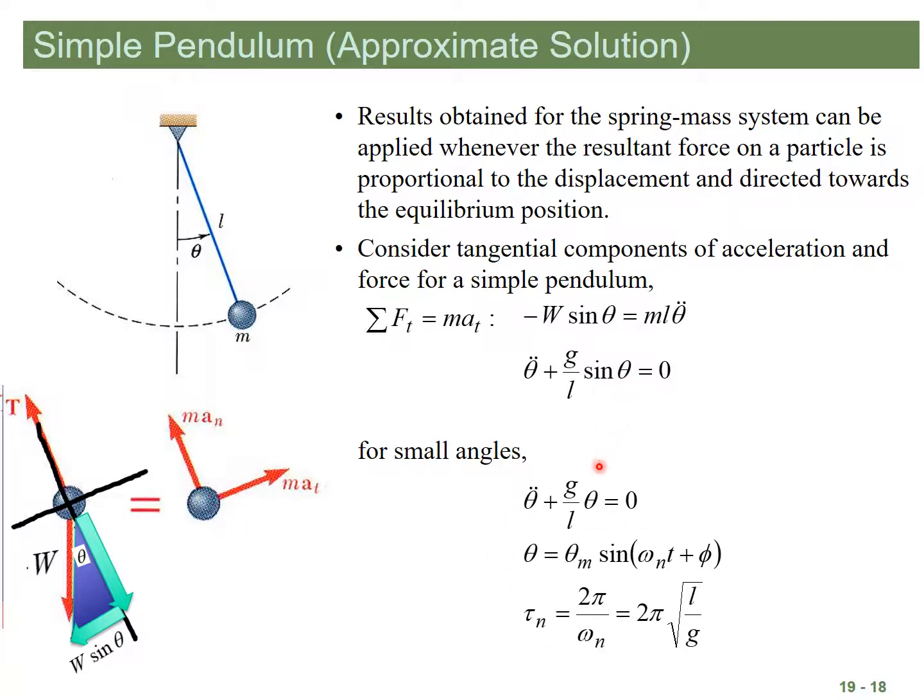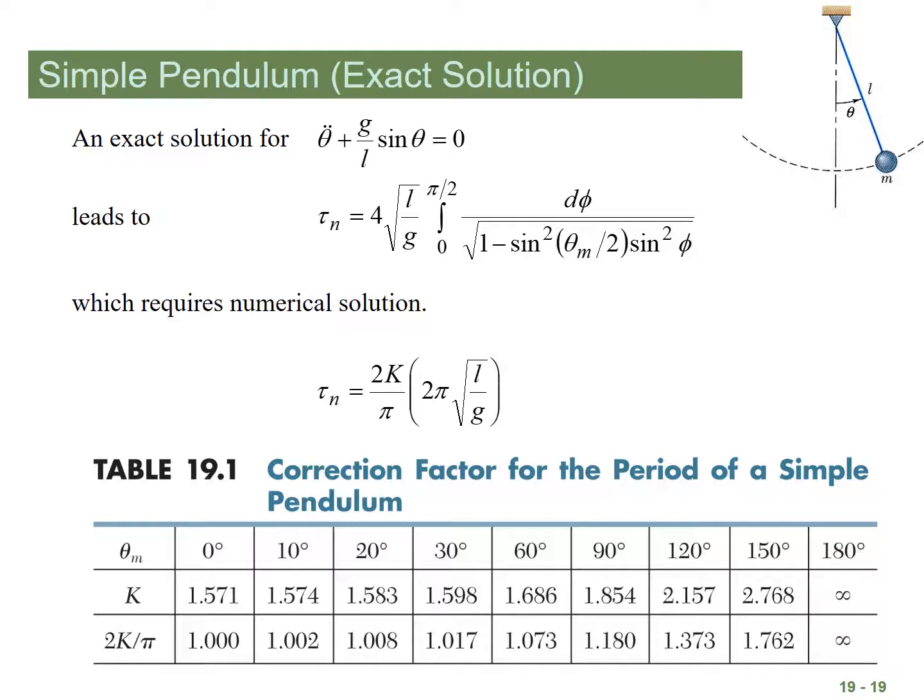If that angle gets larger, it gets a little bit messier to solve, but again, it's a sine theta relationship. This is what most people use. So instead of going through and actually solving this rather ugly situation, there's tables that are created for this.